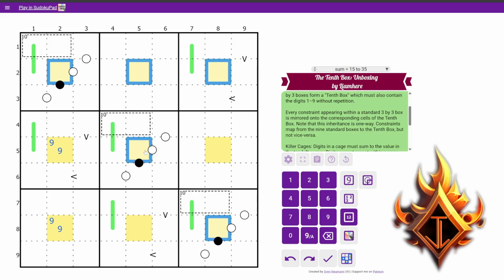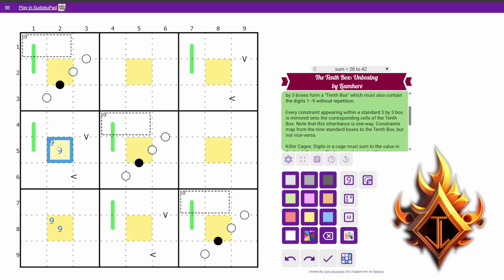That one cannot be. This one cannot be because it would have to be a 2 in both those boxes. Same goes for this, because it would be a 2 in both of these boxes. So this will be a 1-9 combo.